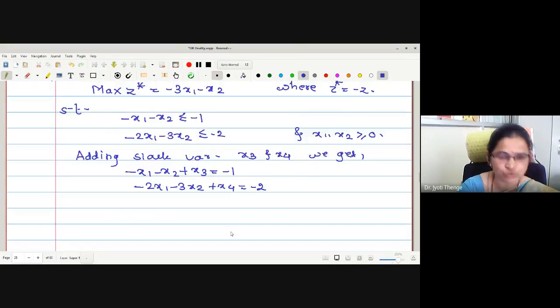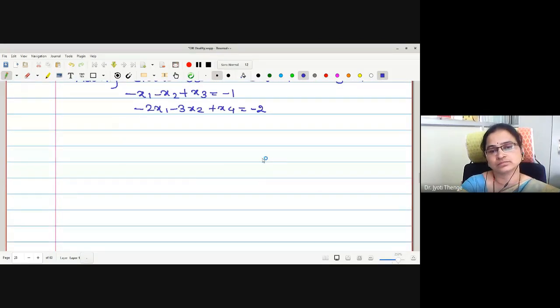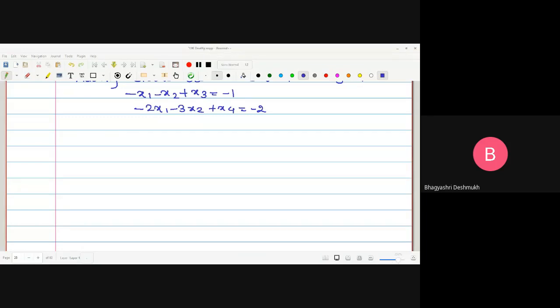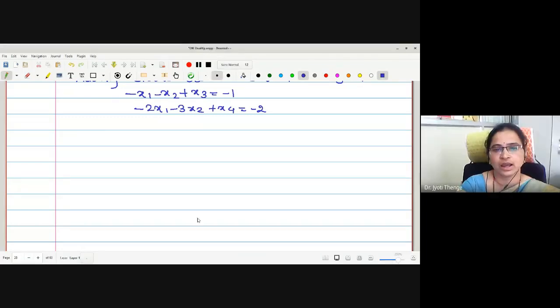What is the initial solution then? Which are the basic variables? The basic variables are x3, x4. Good. And what is the initial solution? Minus 1, minus 2. Correct?